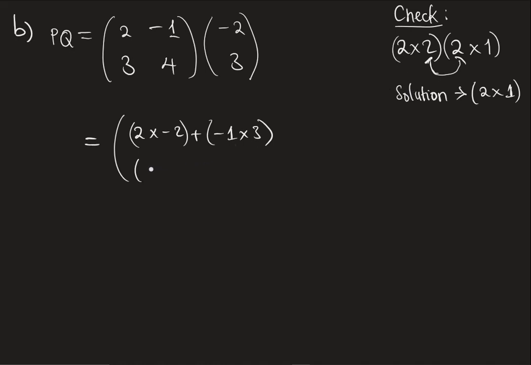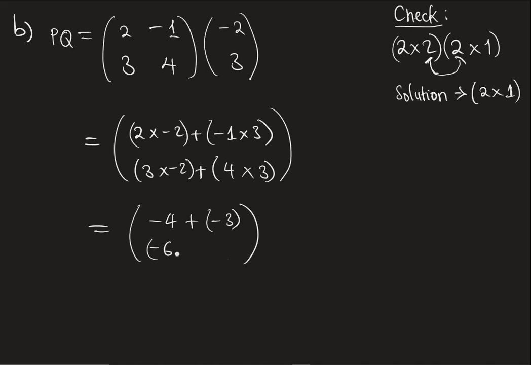After we multiply the orders, we'll have 3 multiplied by -2 plus 4 multiplied by 3. Working this out, we have -4 plus -3, -6, and get rid of those brackets, plus 12. This is not difficult. We have -7 and 6. This is our final answer for matrix PQ.